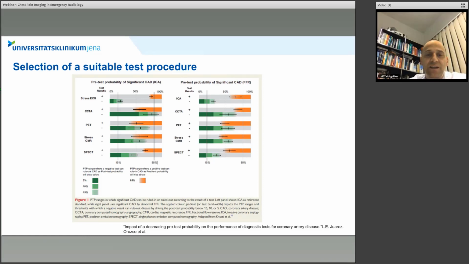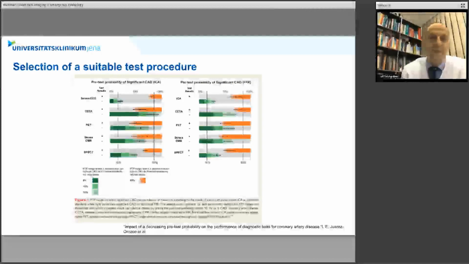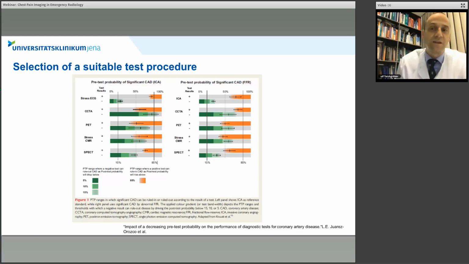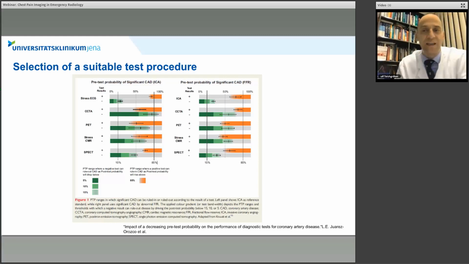Therefore, it's actually also the question if this is really so valuable. So nowadays we really have to ask ourselves, what is actually the real gold standard? For nearly three decades, it was coronary angiography, the invasive coronary angiography.